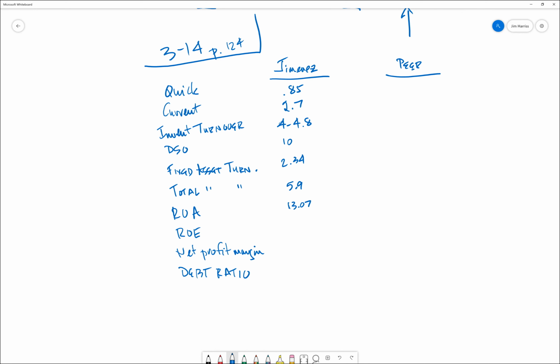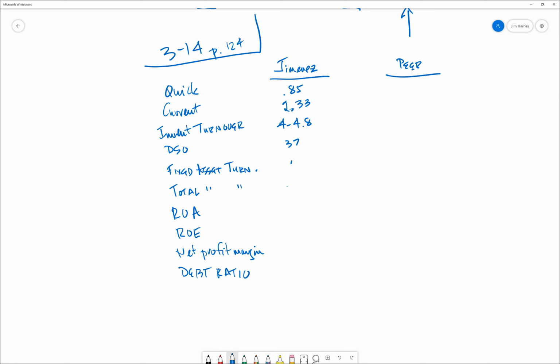Our ROE is 2.5. Okay, and then your, oh, I missed one. 0.85, 2.7, on 2.33. Can't even read my own handwriting. I'm sorry, folks. 10, there we go. That's my problem. Okay.